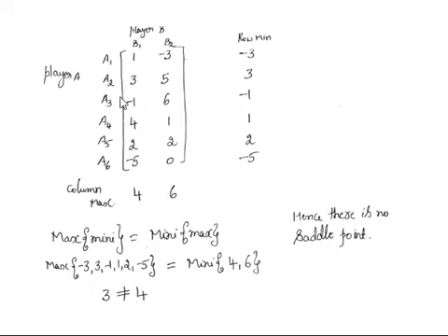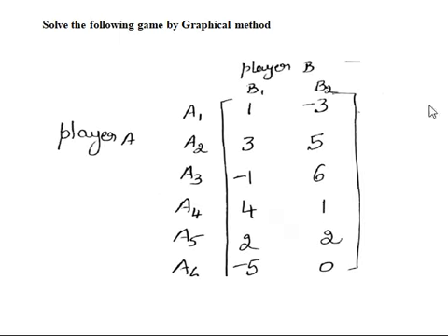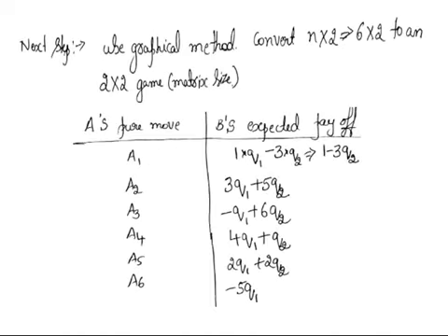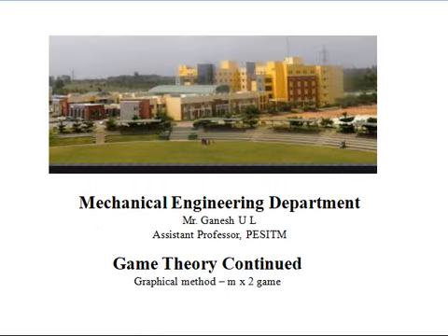We need to find the value of the game for the given payoff matrix by the graphical method. They have mentioned in the problem that we need to solve it by the graphical method. We already solved problems by the graphical method in the previous video sessions, where we solved for 2 cross n.